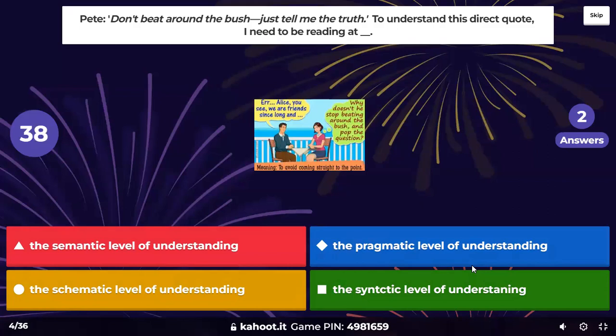If you say to someone, stop beating around the bush, or don't beat around the bush, how can you understand this? Should you look at the sentence literally, harfiyan, or should you implement something else?